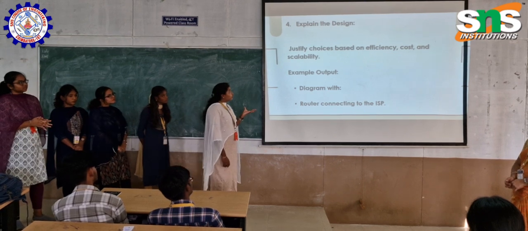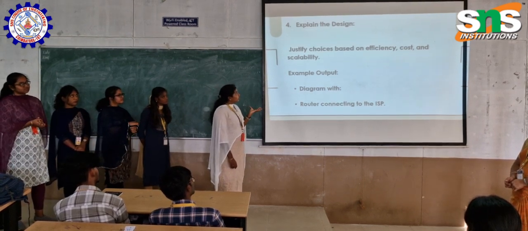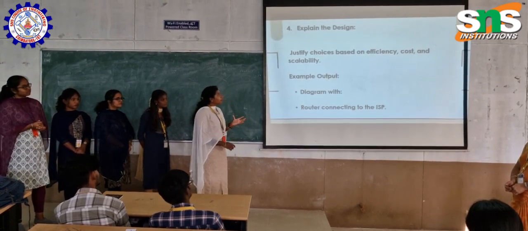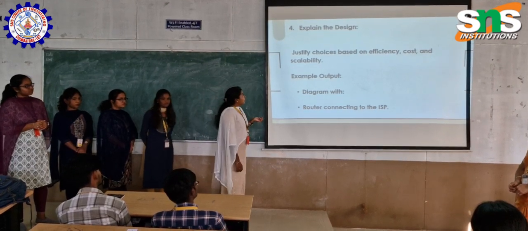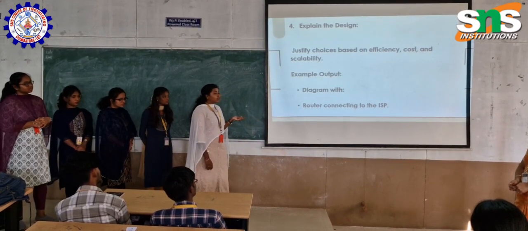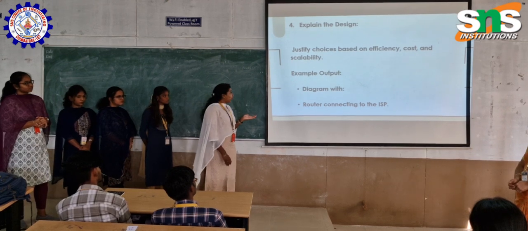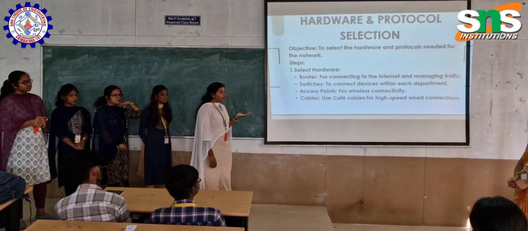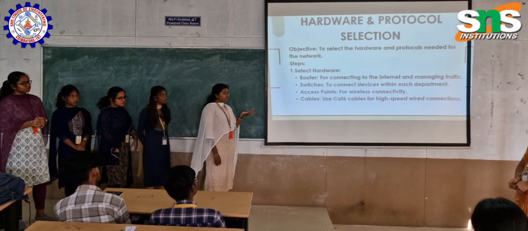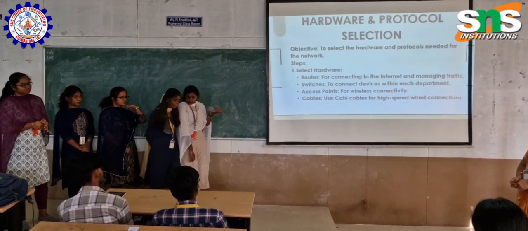To explain the design, we must justify the choices for the users based on efficiency, cost and scalability. As the example output, we have to give a blueprint, that is the diagram, with a router connecting to the ISP, the internet service provider. Further will be explained by Kavya.